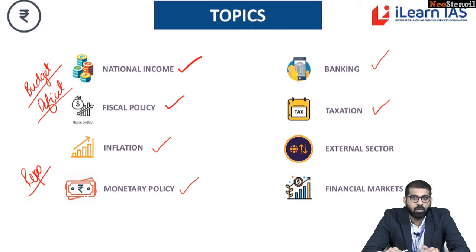We will be studying different types of deficits when it comes to international transactions as well. For example, current account deficit. You might be familiar with the term if you are a person who reads the newspaper, right? So it frequently comes into the news that India's current account deficit is increasing, or India's current account deficit has reduced, or even when it comes to the exchange rate, right?